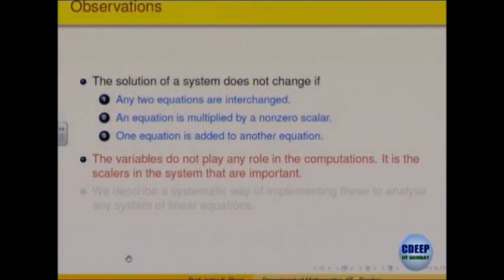That is one observation, and the other observation is that the variables really do not play any role in all the computations. X1 remains X1, X2 remains X2, X3 remains X3.